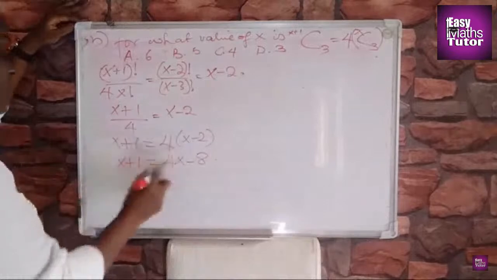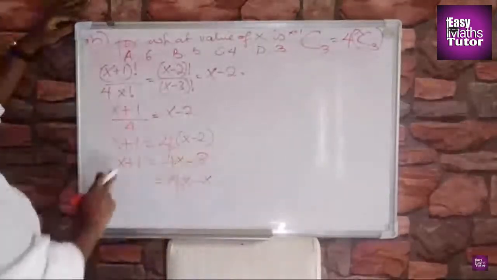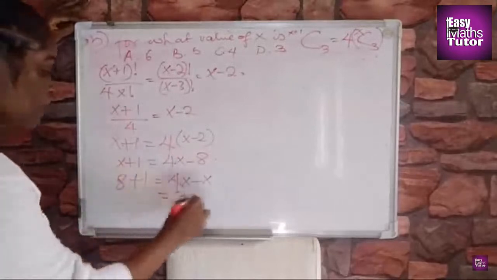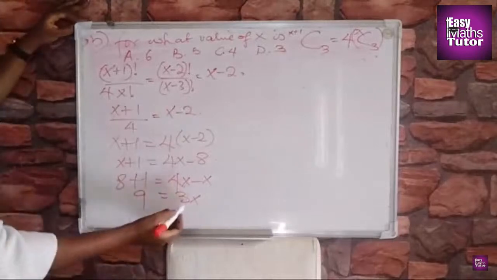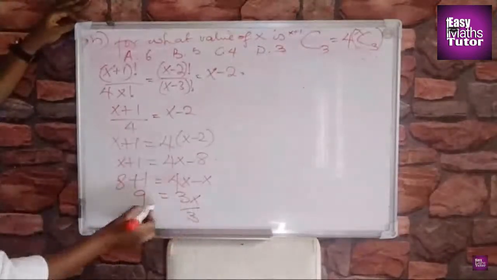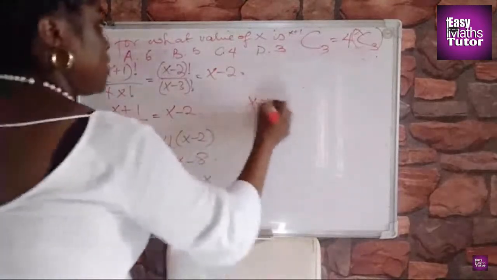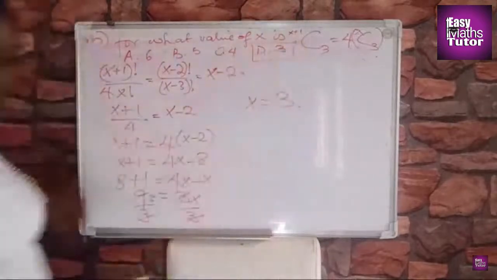So if I move this x here, we'll have 4x minus x. If I move minus 8 this way, I'll have 8 plus 1. Okay? So this is 3x and this is 9. So if I divide both sides by 3, what do I have? 3. So our x is equal to 3. Therefore, our answer is D.